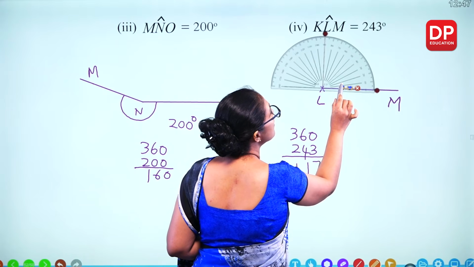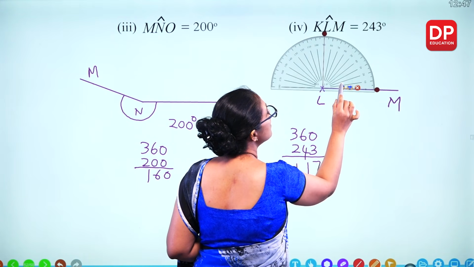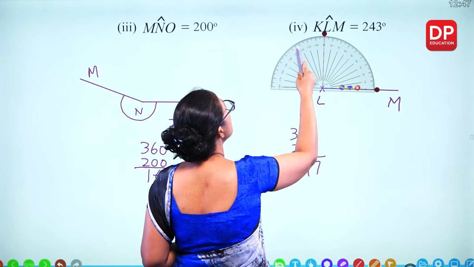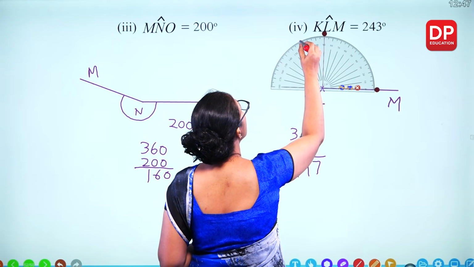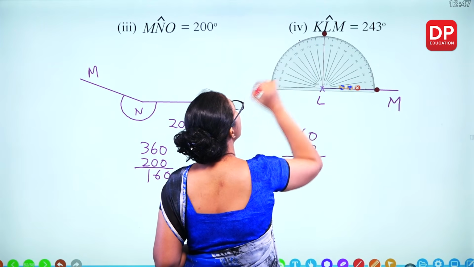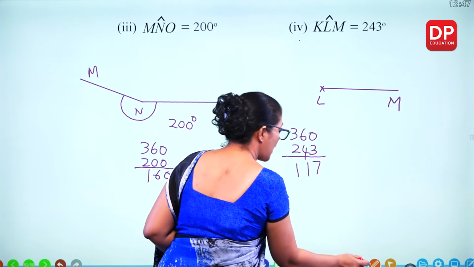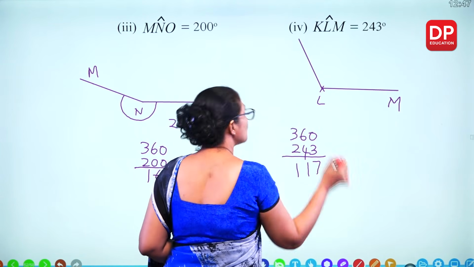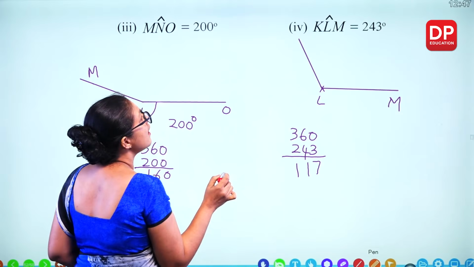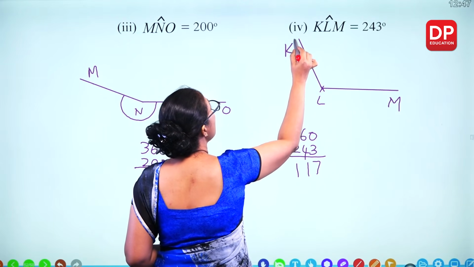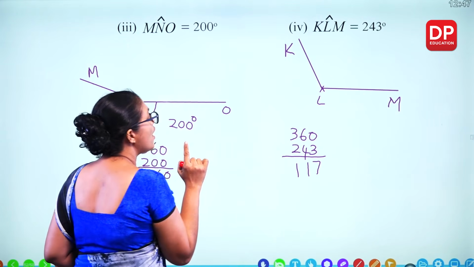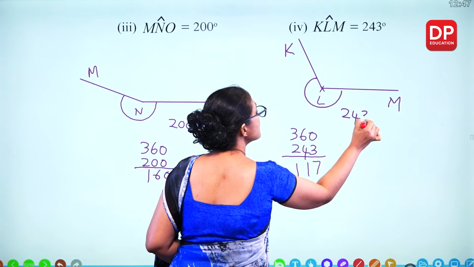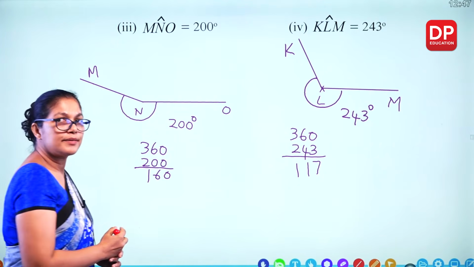And you need to measure 117. From here, 117 is somewhere there. Then you can take the ruler and connect. So what's the point there? K. KLM is 243 means this angle is 243, not the other angle.